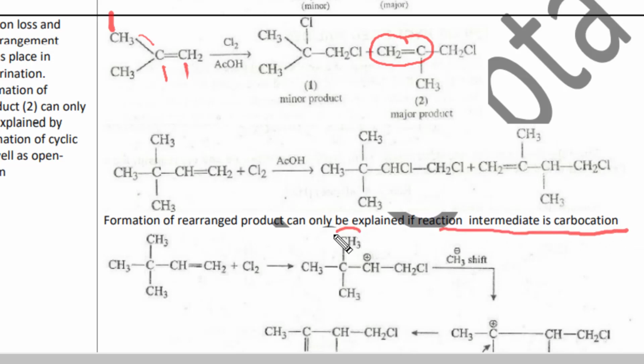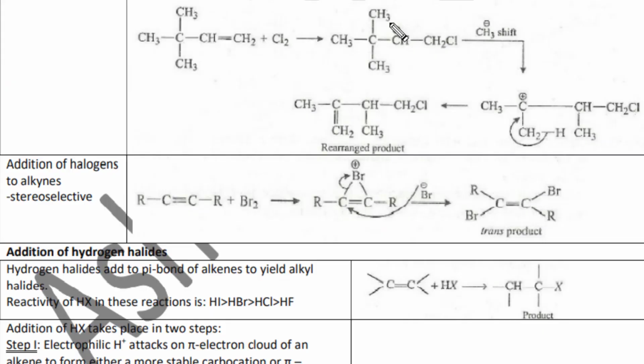Now what is happening is that one of the CH3 is getting shifted. So CH3 plus shifting is taking place. So this CH3 migrates with its electrons to this one, and then we have a carbocation formation taking place on this carbon, and this CH3 gets attached to this one.